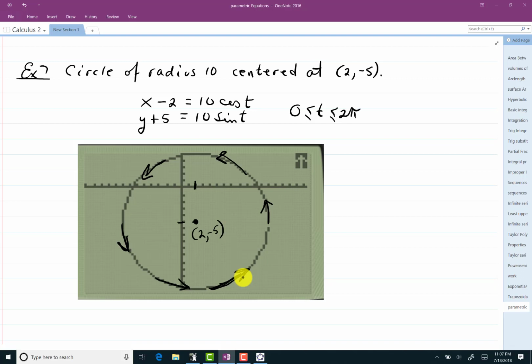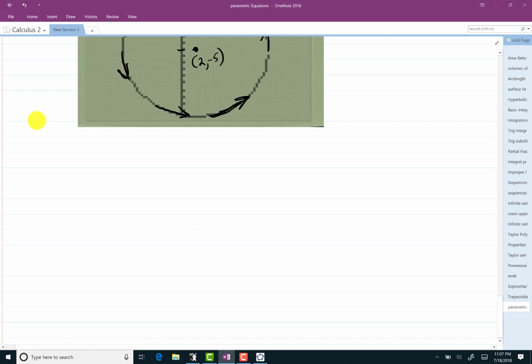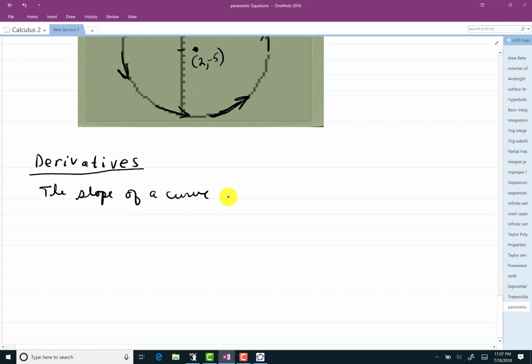So all this is well and good. We need to do calculus with it. And what we're going to concentrate on, right now at least, are derivatives. The slope of a curve is dy over dx.